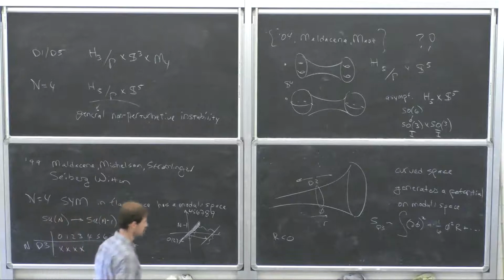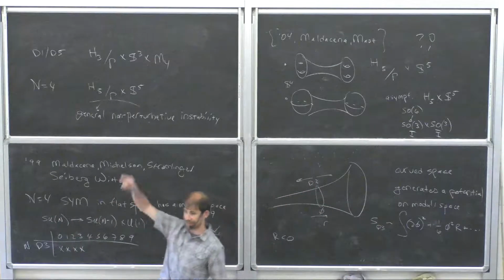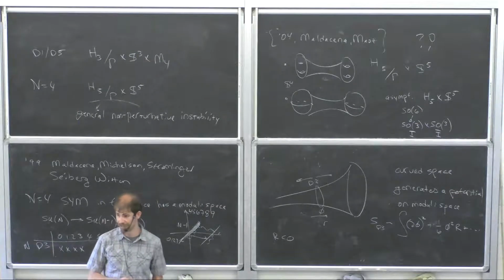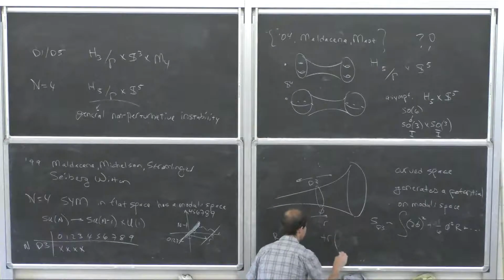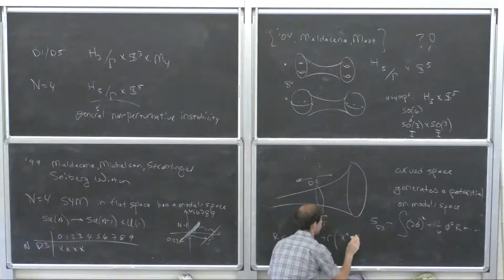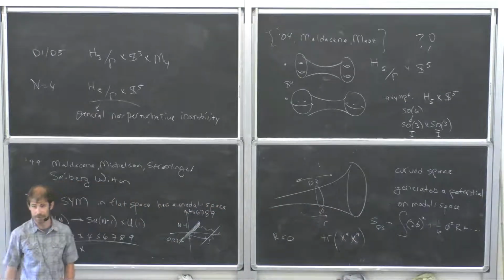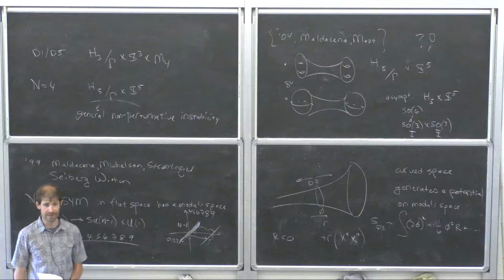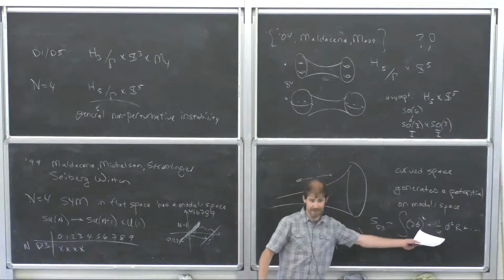For instance, you could try to add a deformation to n equals 4 that lifts the potential. The natural candidate for doing so, if X^A are the 6 real adjoint scalars of n equals 4, would be a deformation of this sort that's SO6 symmetric. This is an SO6 symmetric instability on moduli space.